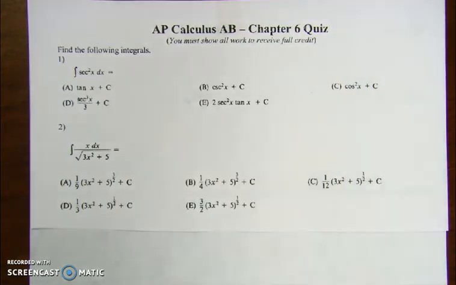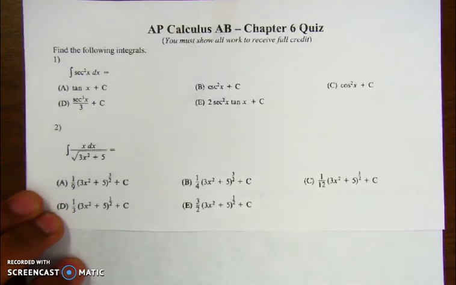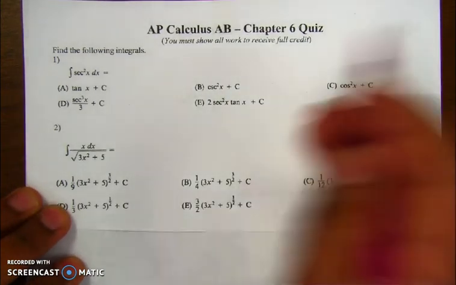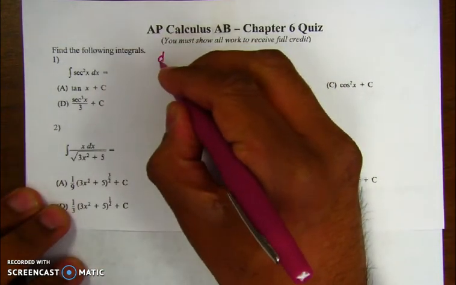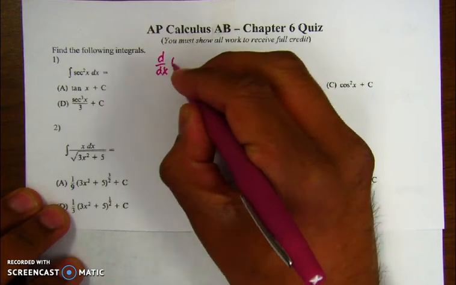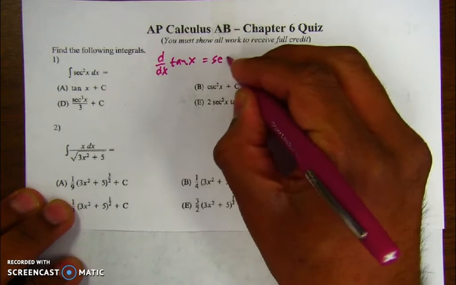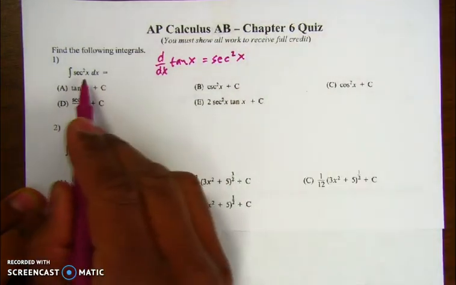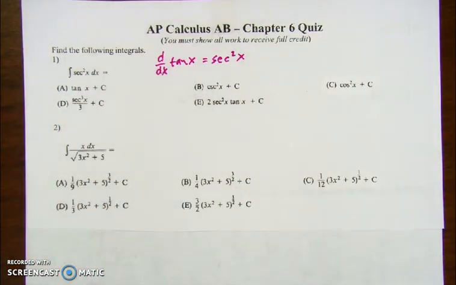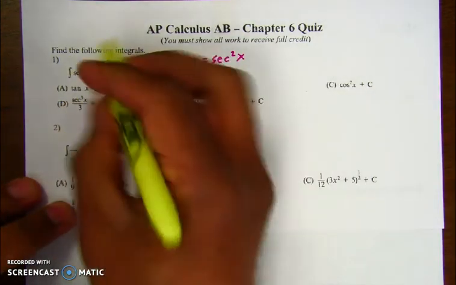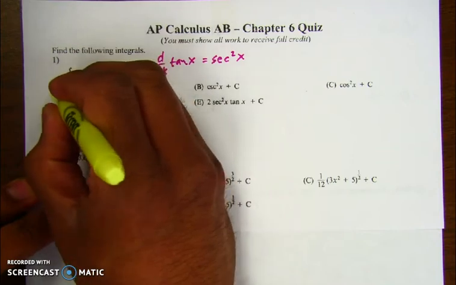Alright, let me try to quickly go over the Chapter 6 quiz. Problem number 1 from the quiz should have been a no-brainer, a real quick one. If the derivative of tangent is secant squared x, then integrating secant squared x will be tangent, so it's tangent x plus c.